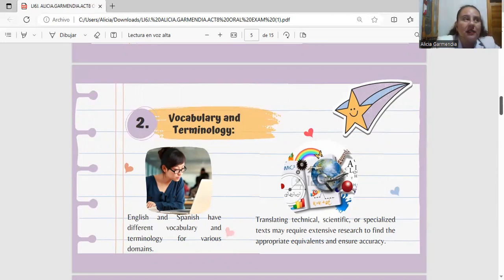For example, it's not the same to translate literally a story like Alice in Wonderland as to translate an important lawyer case of a divorce or something like that, because the terminology is going to be quite different.